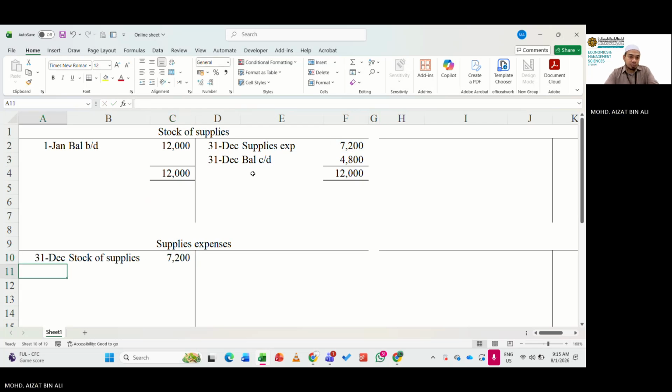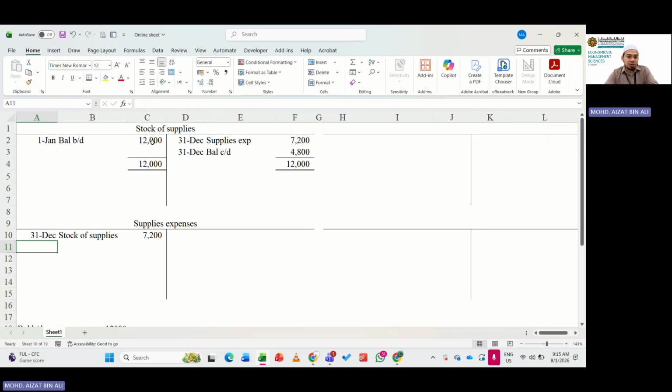Now, I want to direct your attention to these accounts. Look at the stock of supplies. This is the journal entry. It appears on the credit side. And for supplies expenses, this is the journal entry. It appears on the debit side. So what we do is, the journal entry is debit. Look at the accounts. Which account has the debit side recording?